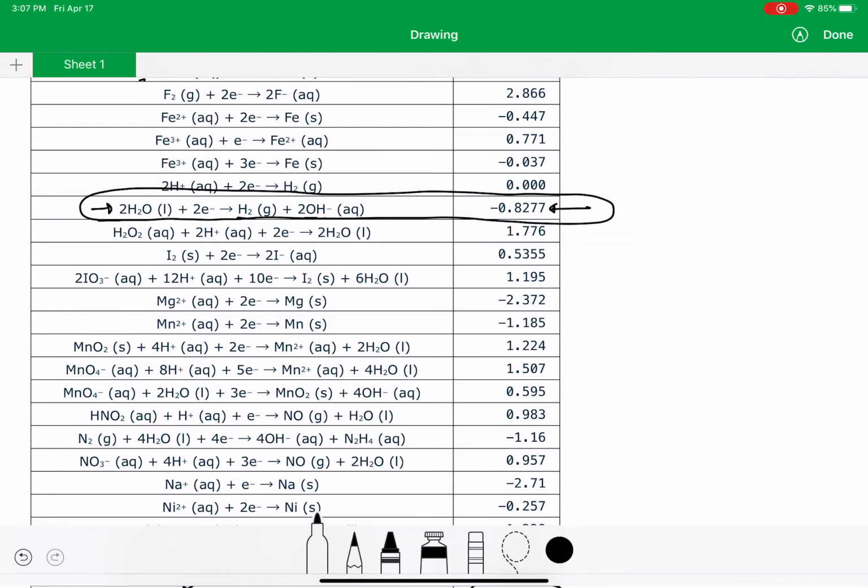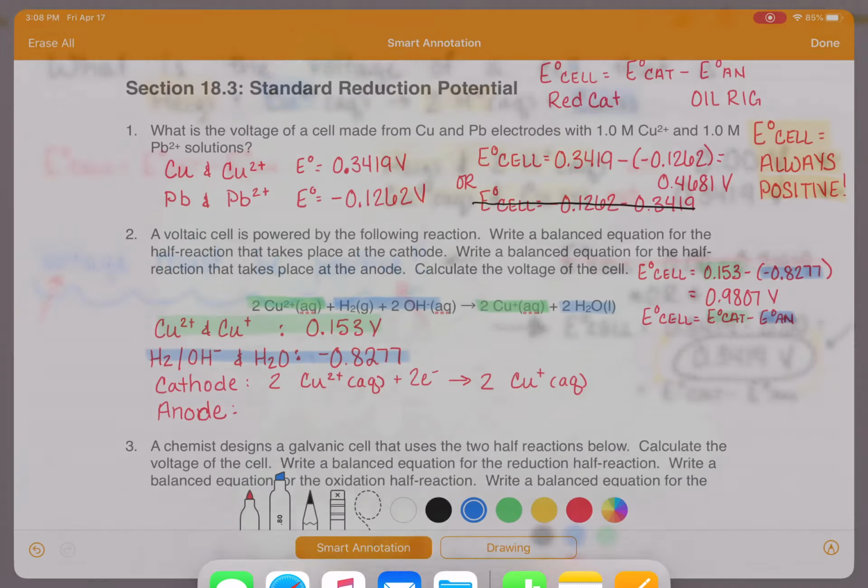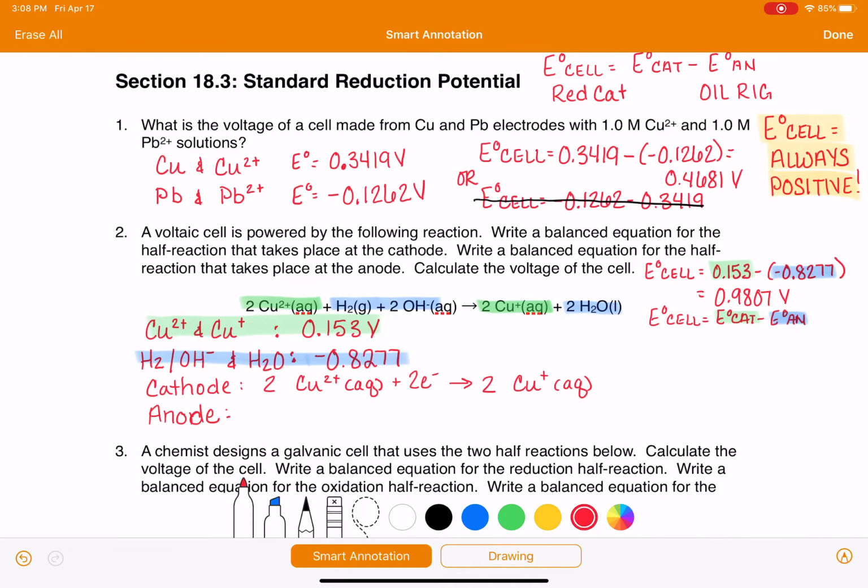2H2O plus 2 electrons makes H2 plus 2OH minus. Oh, but wait. We do have to be a little bit careful. We have to use our brains a little bit. The H2 and OH minus are on the left side of the equation for us in this particular system.